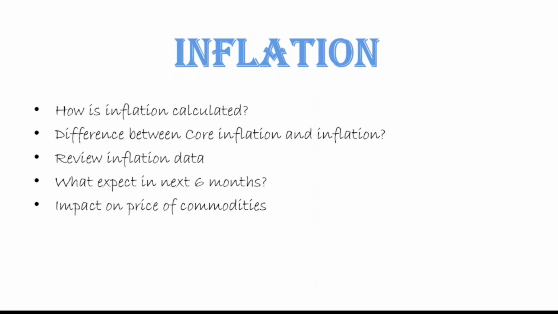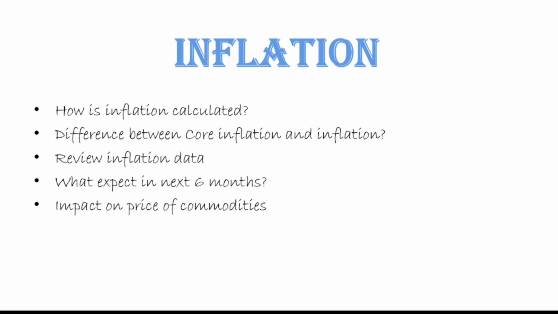And then core inflation is the one that does not include the price of food and fuel. So gasoline or diesel prices, and some of the very volatile food items are not included in core inflation. That's why those two numbers are different.